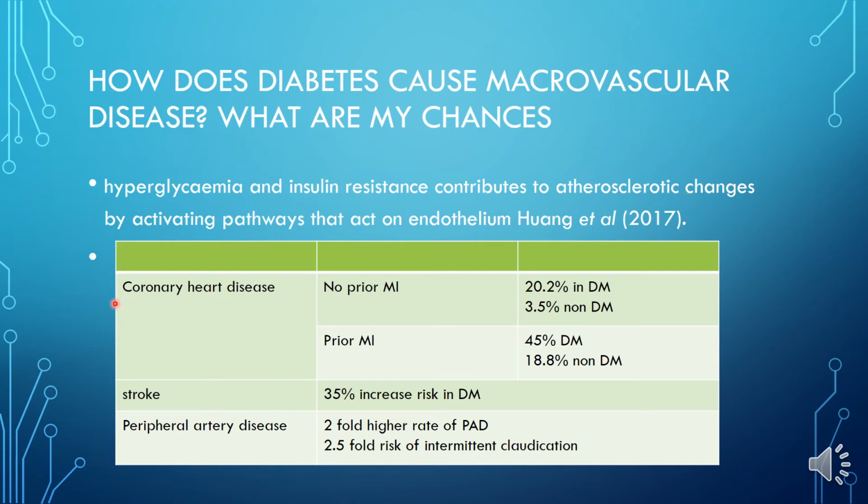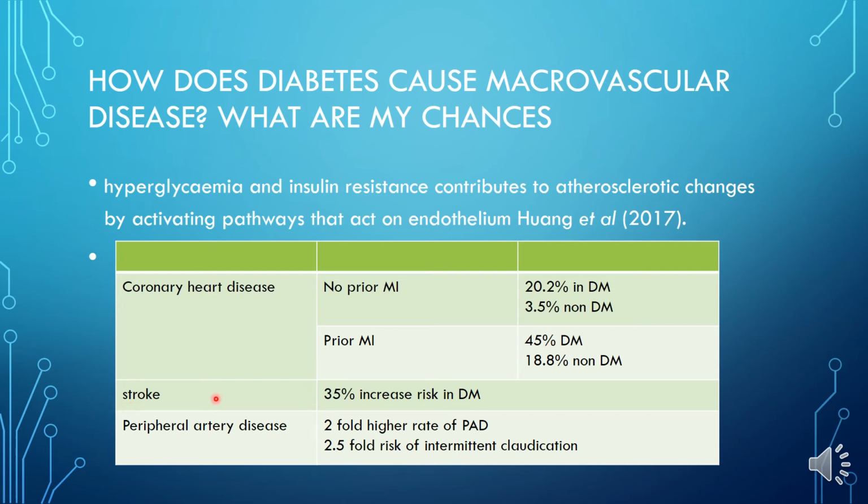For coronary heart disease, it depends on whether you've had an MI before or not. For those with no prior MI, diabetics have a 20.2% chance of developing coronary heart disease compared to just 3.5% for non-diabetics. For those with a prior MI, this value increases to an astounding 45% in diabetics compared to 18.8% in non-diabetics.